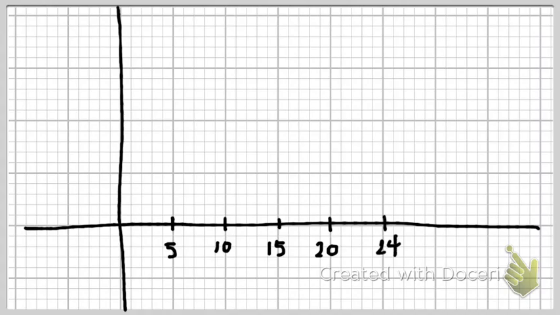And we know several points. We know 0, 0. Oh, I have that labeled incorrectly. That should say 25 there. There's 24, 0. We also know the points 2, 22, 4, 40, and 16, 64. And we're going to have to plot those.